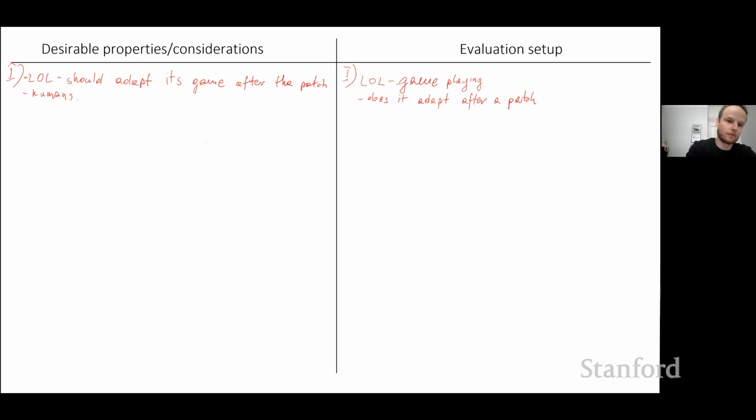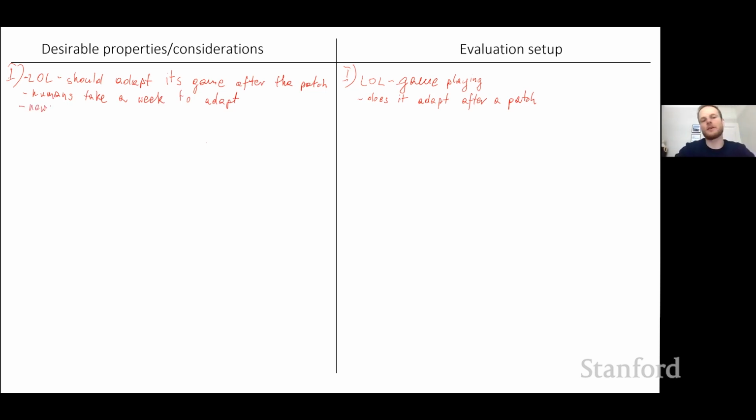If it adapts slower than the human players, the bot's ranking would go down in the system. But if it could adapt faster, or even at the same time, its ranking would go up. So the speed of adaptation is really a critical factor here, for sure.